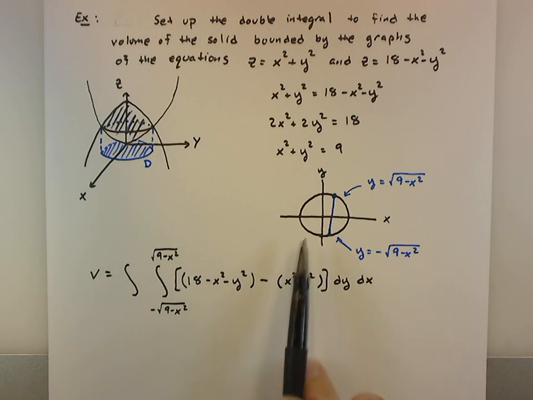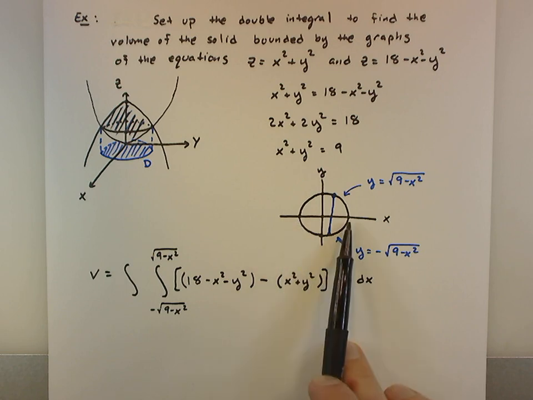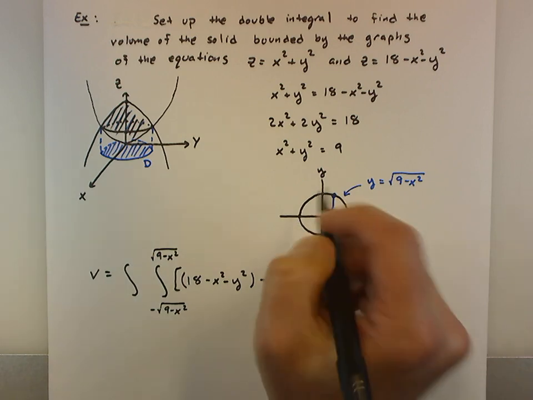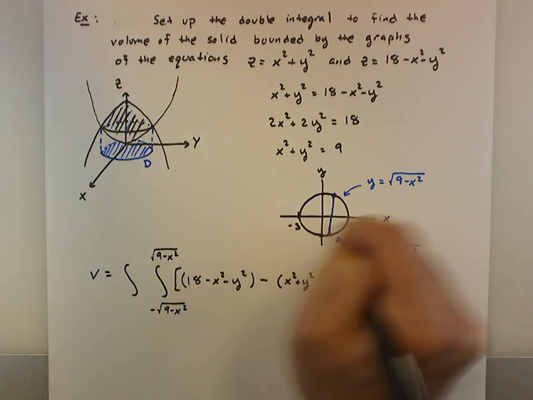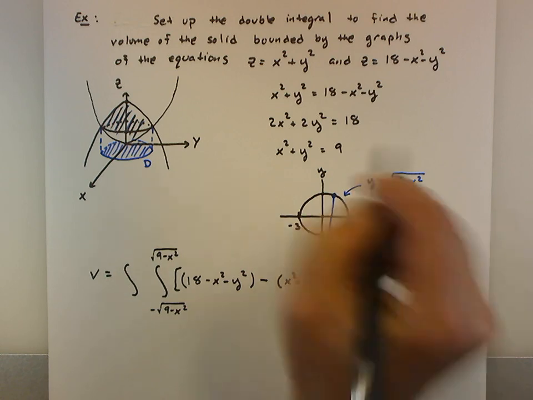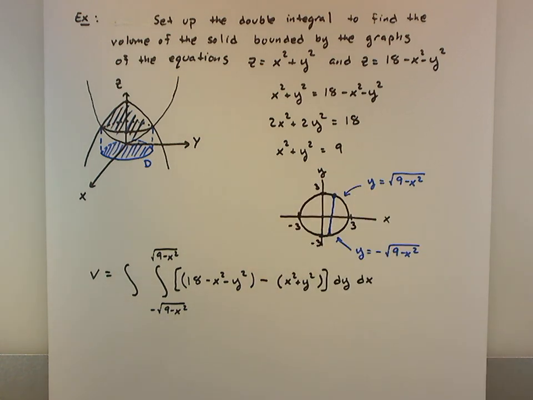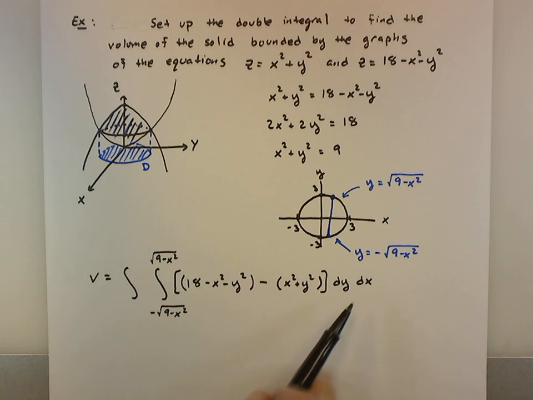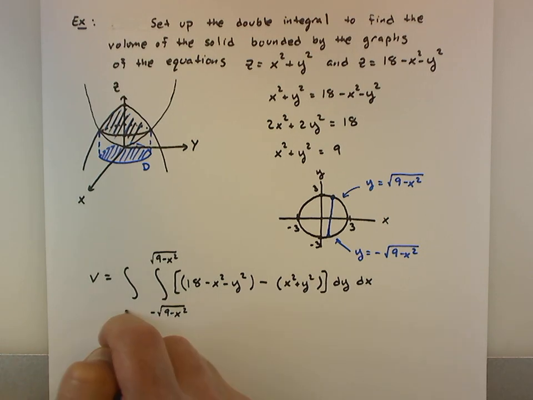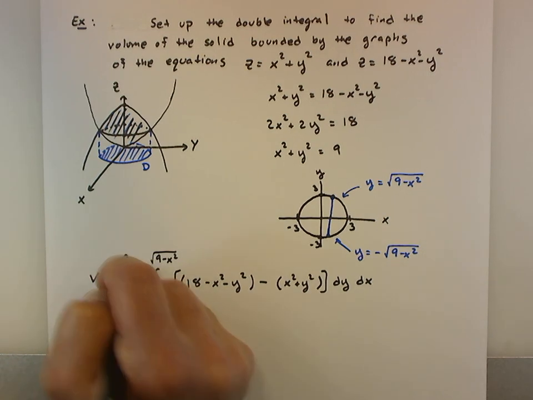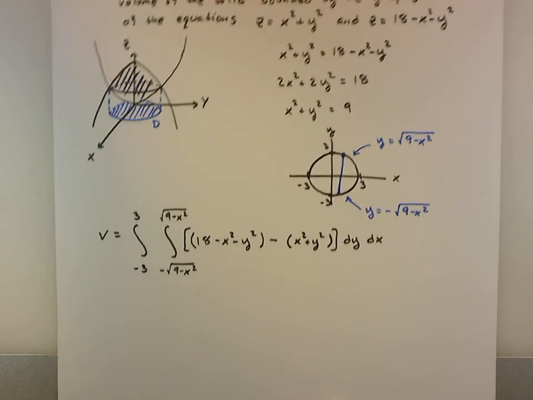X goes from, this point is negative 3 and this point is 3, since this is a circle centered at the origin with the radius of 3. So all of these are 3 units from the origin. So bounds of integration for x are from negative 3 to positive 3.